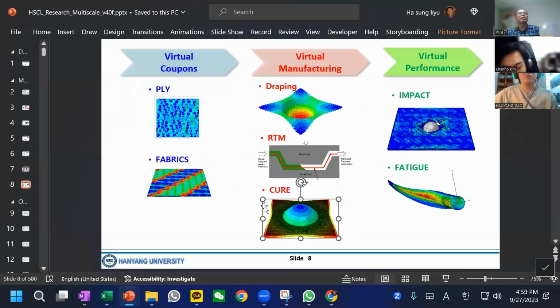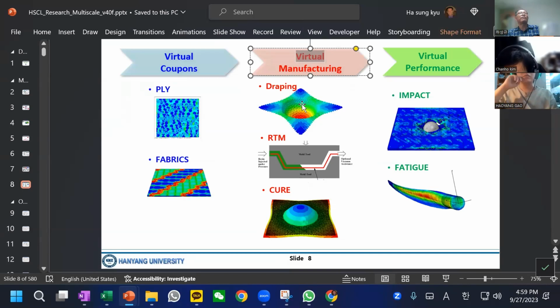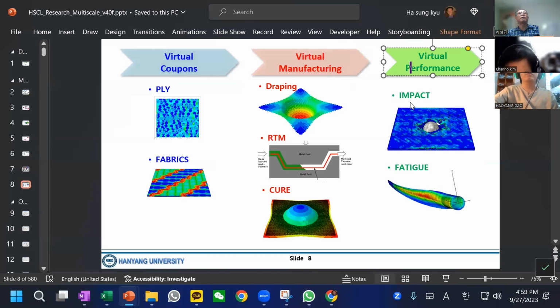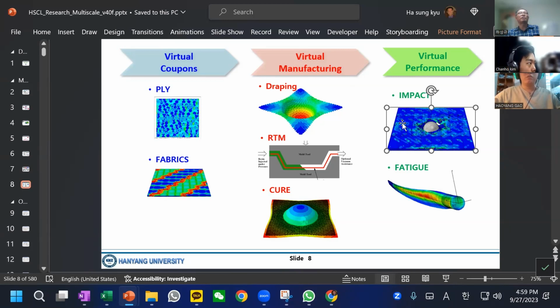So we need to understand these things, and we can call them virtual manufacturing. And performance is the impact and fatigue behavior. When we understand the impact behavior or fatigue behavior, I repeatedly emphasize what goes on inside the structures.